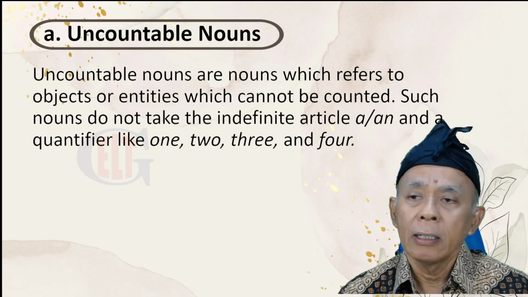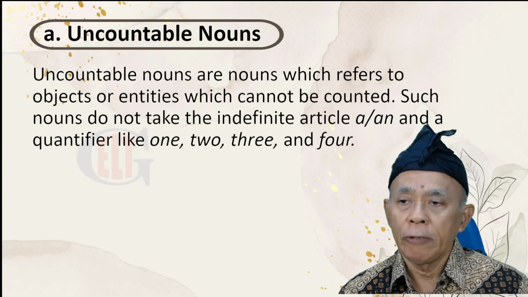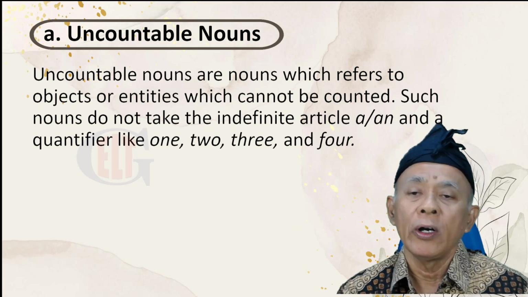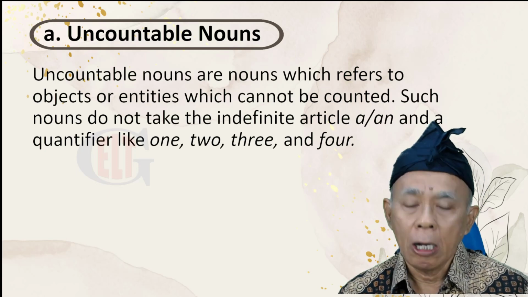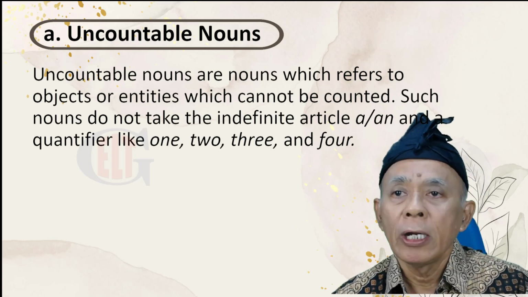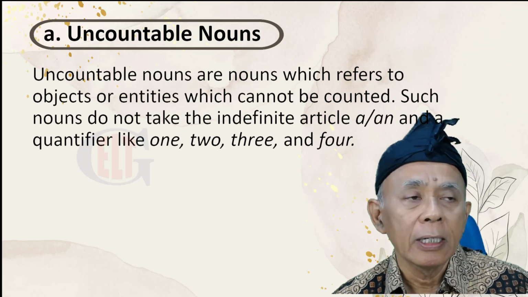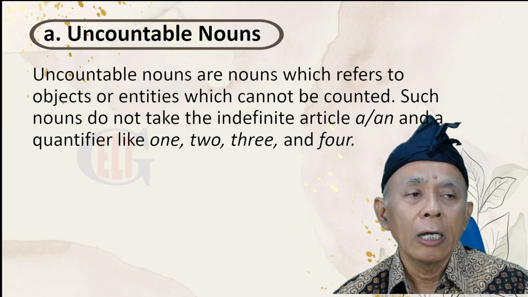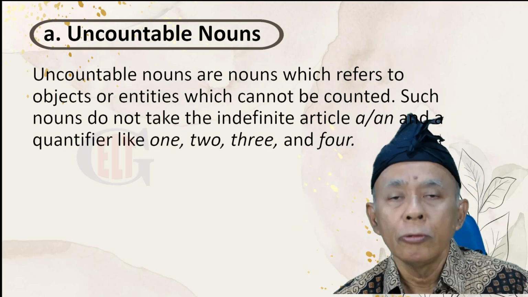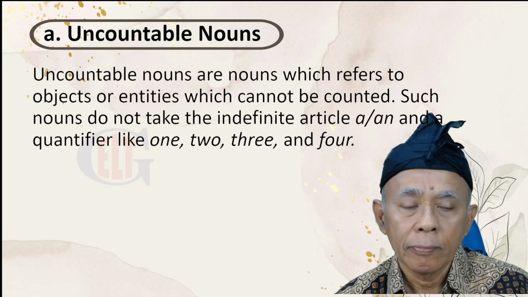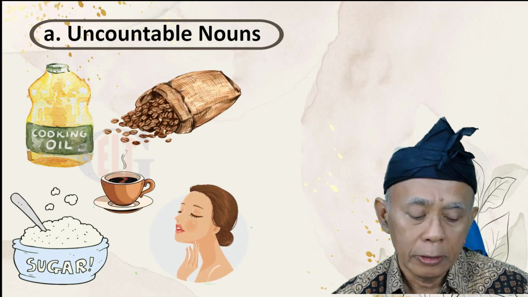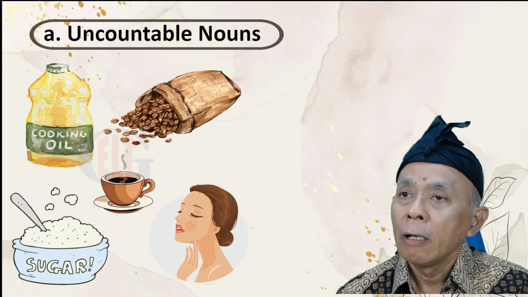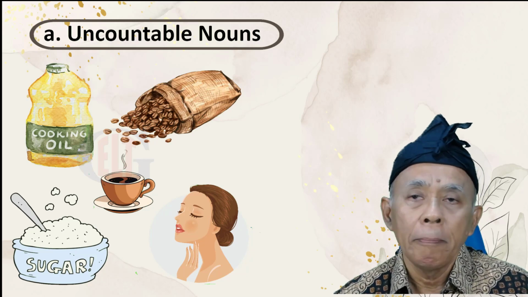On the contrary, uncountable nouns are nouns which refer to objects, concepts, or entities which cannot be counted. Such nouns do not take the indefinite article a or an, and a quantifier like 1, 2, 3, and 4, and so on. Now let's see these pictures. We have here a picture of a bottle.